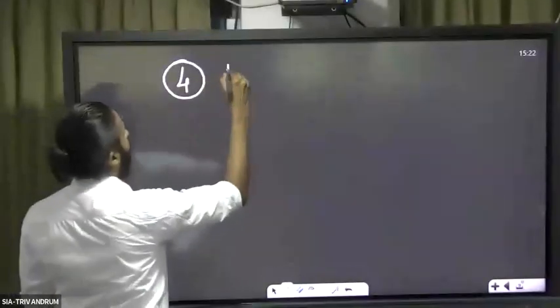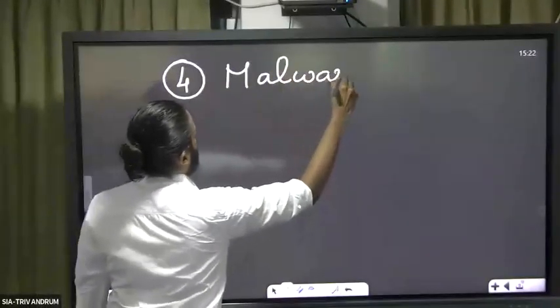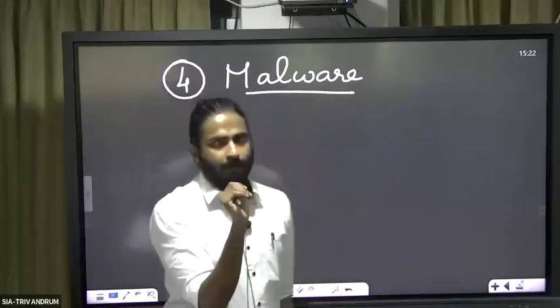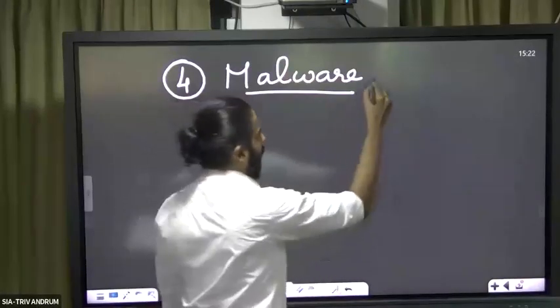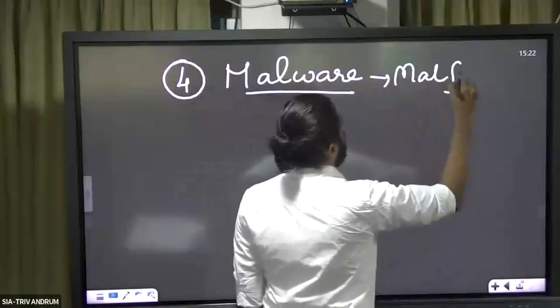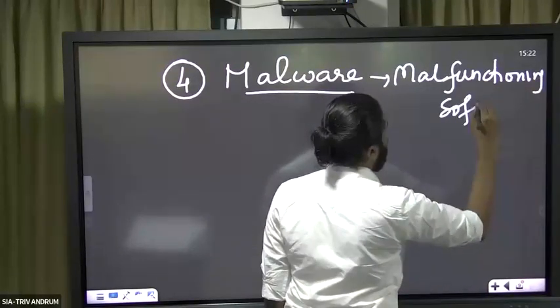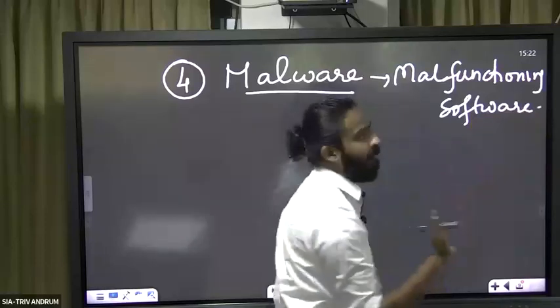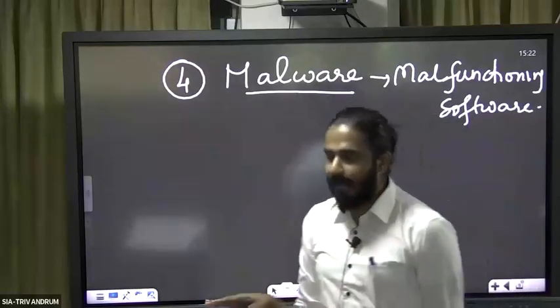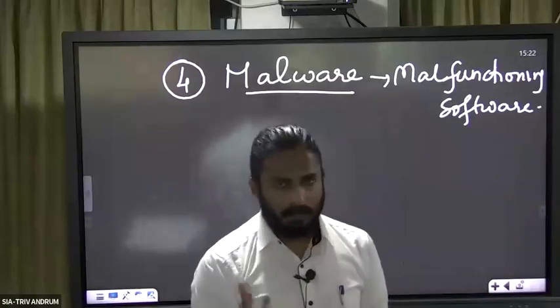Next I'll tell you is malwares. We'll discuss Pegasus. Malware is malfunctioning software. At least the types of malwares you should be aware of. Whatever malware comes, we say it is a virus, but it is not the same.